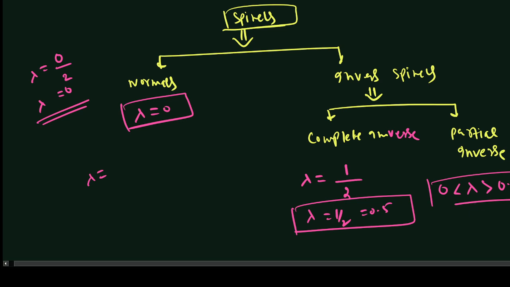Okay, so that's how we distinguish with the help of the spinel parameter. If the spinel parameter is 0, then that is a normal spinel. If it is half, then that is a complete inverse, and if it lies between 0 and 0.5, let's say 0.4, that is a partial inverse spinel.